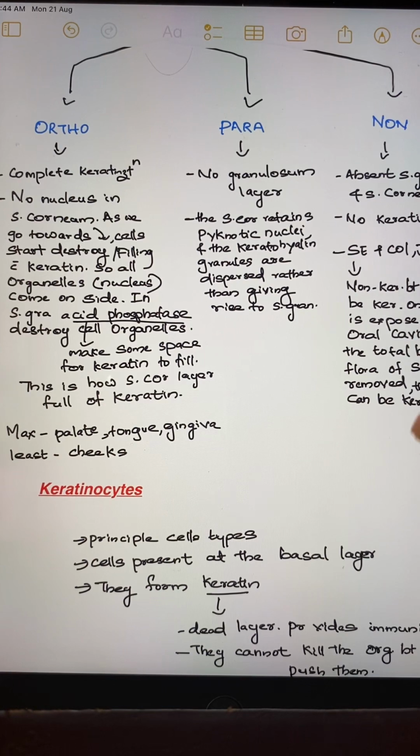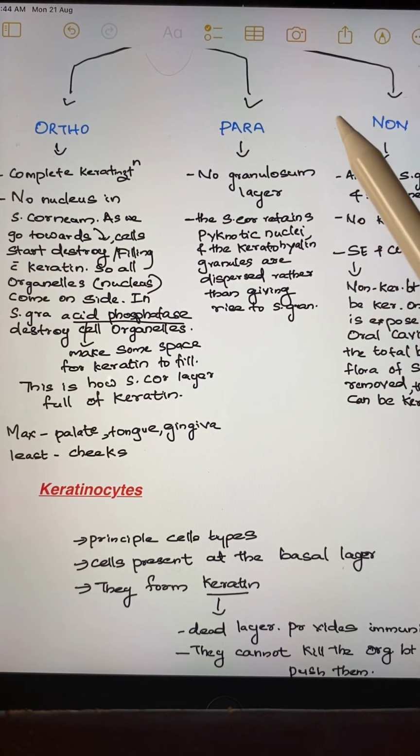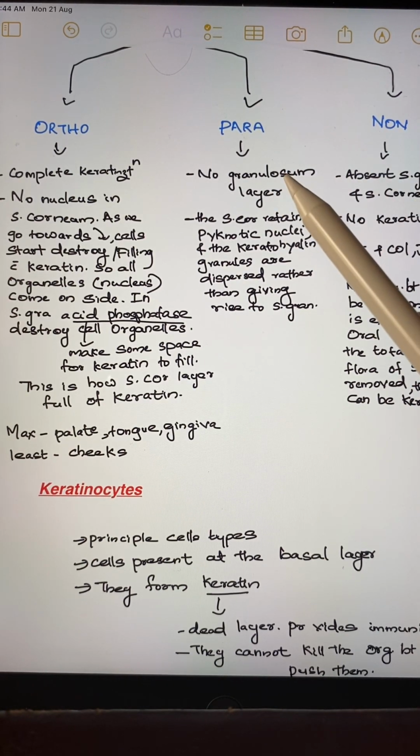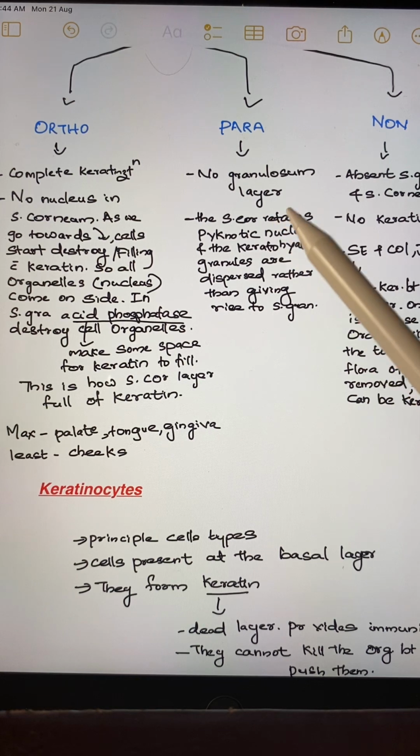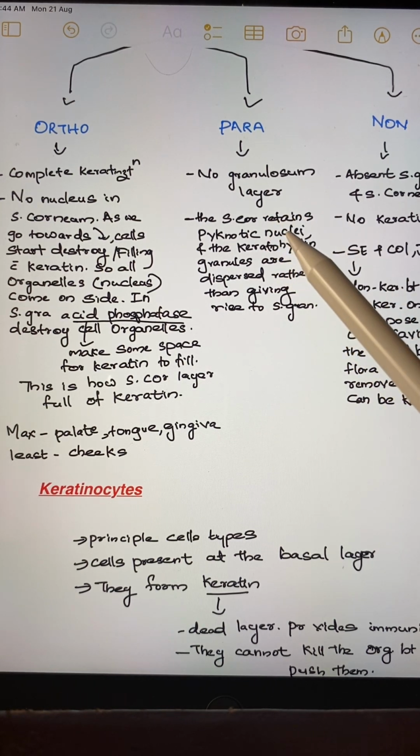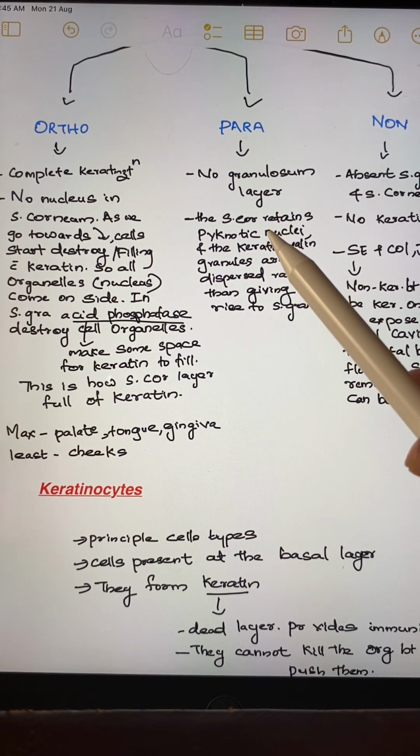And what is parakeratinization? Parakeratinization means there is no granulosum layer. So the mechanisms that happen in the granulosum layer do not occur. The stratum corneum retains the pycnotic nuclei. Actually, these pycnotic nuclei can be seen in the granulosum layer, but in parakeratinization, the granulosum layer is absent.